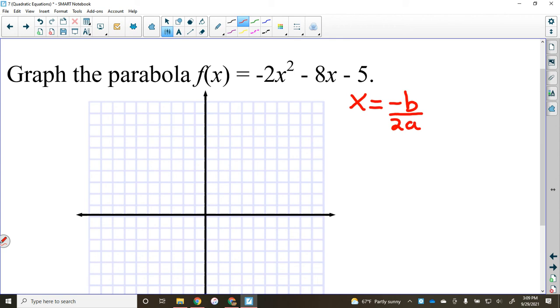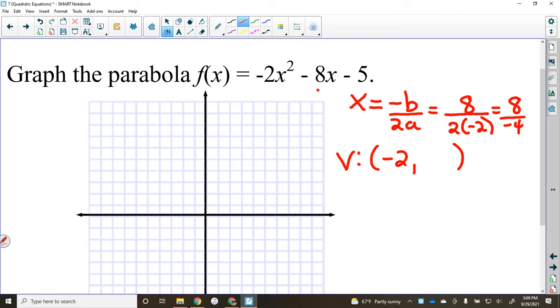So opposite of B, 8, 8 over 2 times A. -4, -2. Okay, so your vertex is -2 something. How would you get the something?